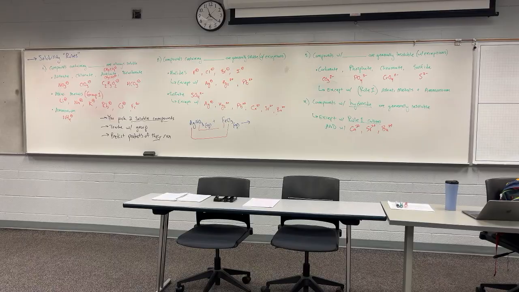Ammonium carbonate. Why is that soluble? Not because of carbonate. Carbonates are generally insoluble. Ammonium is always soluble. Iron 3+ bicarbonate. Why is this soluble? Bicarbonate is always soluble. What are the products? Iron 3+ carbonate, that's Fe3+ and CO3 2-.